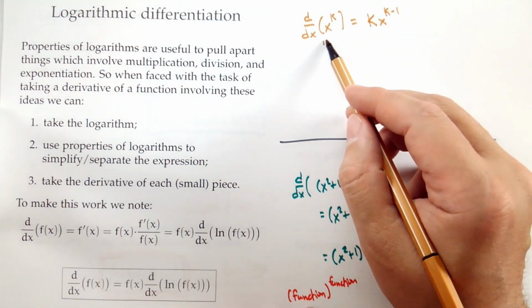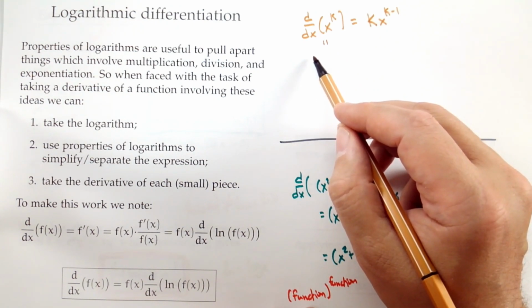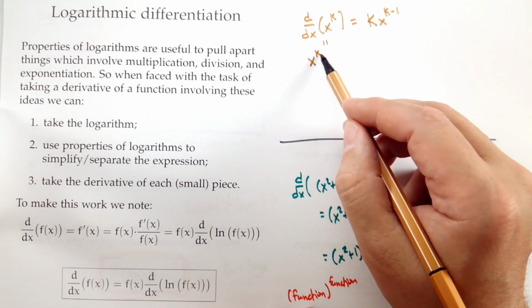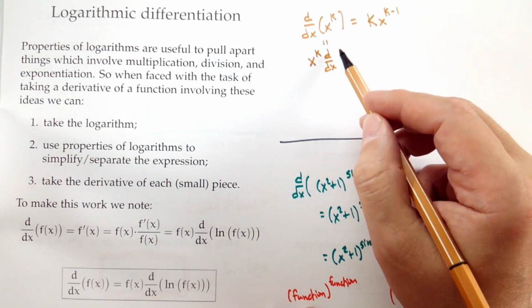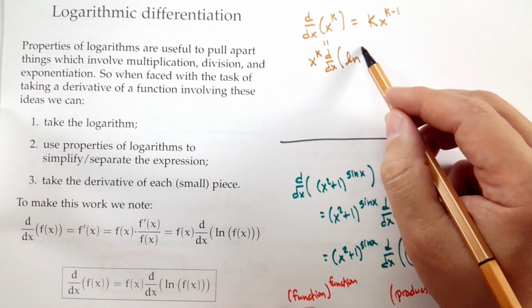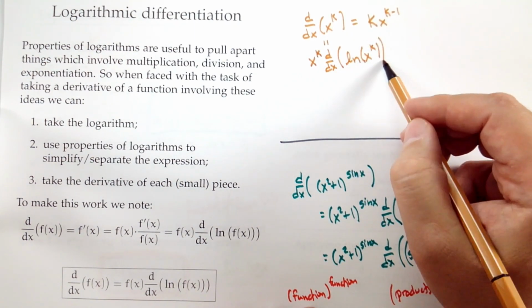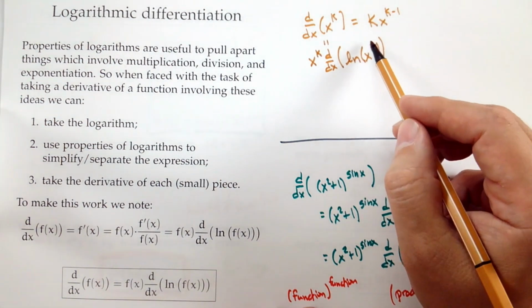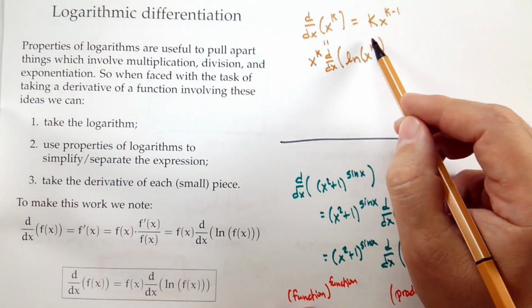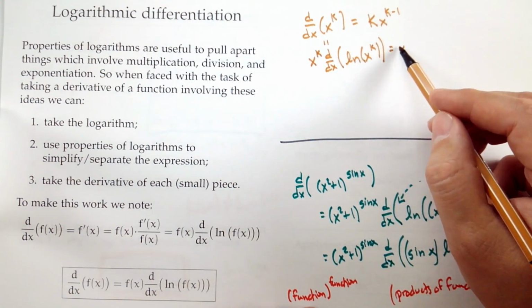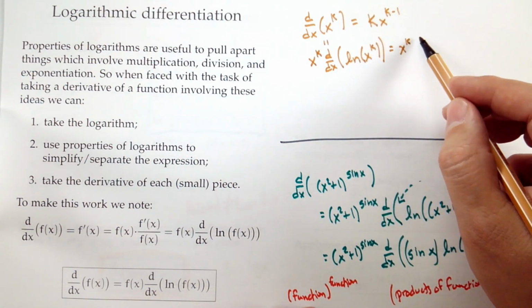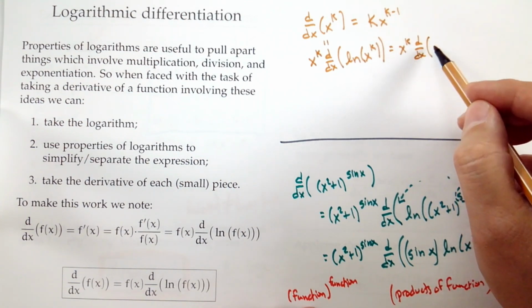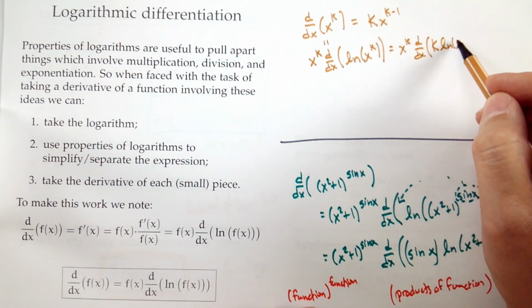So here we go. We can use logarithmic differentiation. So this is the original function, which is x to the k, times the derivative of the natural log of x to the k. Now what happens here? Well, I can use the properties of log to pull the power k down. So this is x to the k times the derivative of k times natural log of x.